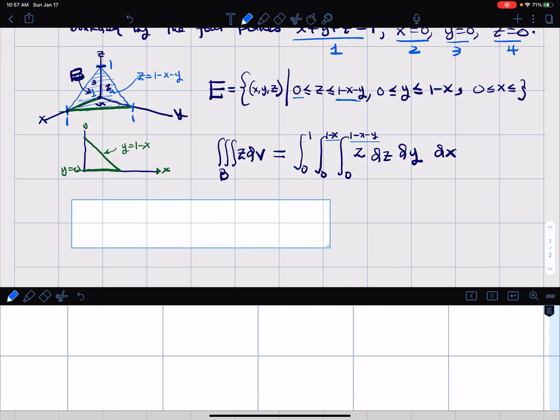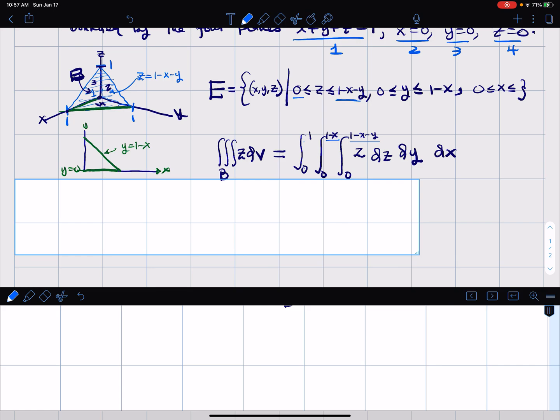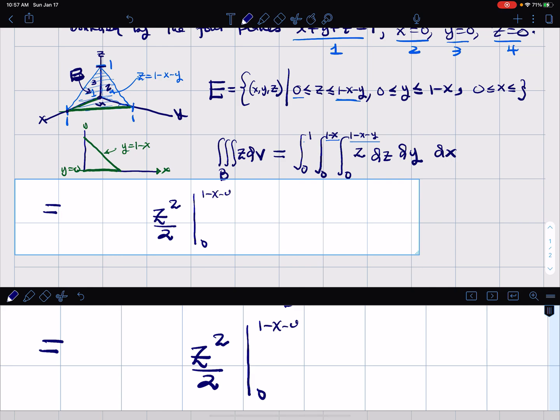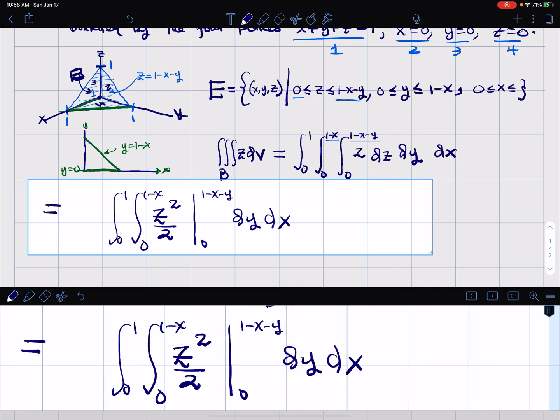So we do our integral, which should be easy, but let's try and do it together. I'll do it until I get bored, and then I may tell you the answer and we go from there. Let's start with the most interior integral. If you take the antiderivative, it's z squared over 2. You go from 0 to 1 minus x minus y, and then you still have dy, and then 0 to 1 minus x, and then 0 to 1, then you have dx.